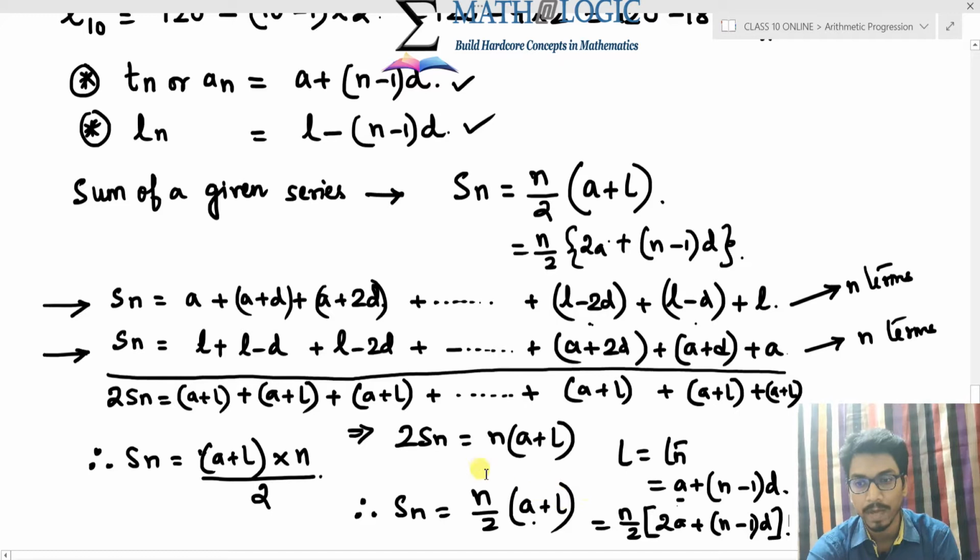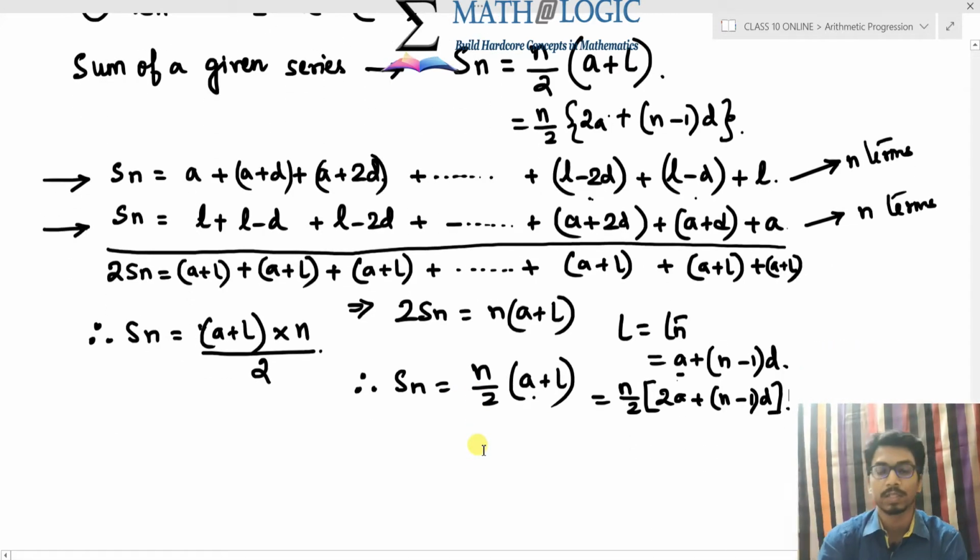So this way we are getting the formula of the sum of a given series of n terms. Clear?